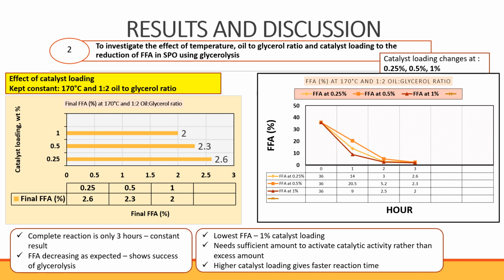And the complete reaction is only 3 hours, which means that at the second hour it already indicates the complete reaction, but because we tested at the third hour, the result is about the same and constant, therefore we stop the reaction. And then we can say that FFA decreased as expected, showing the success of glycerolysis.